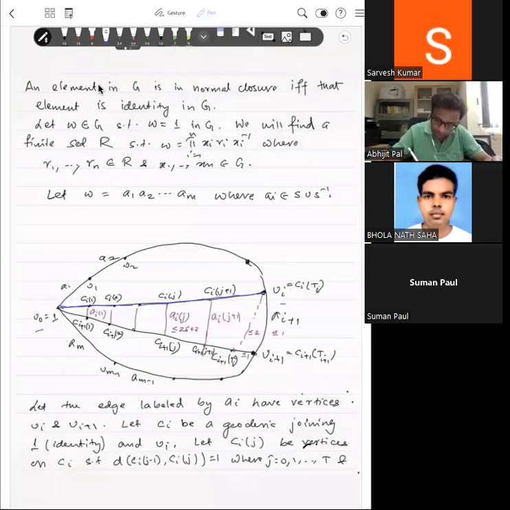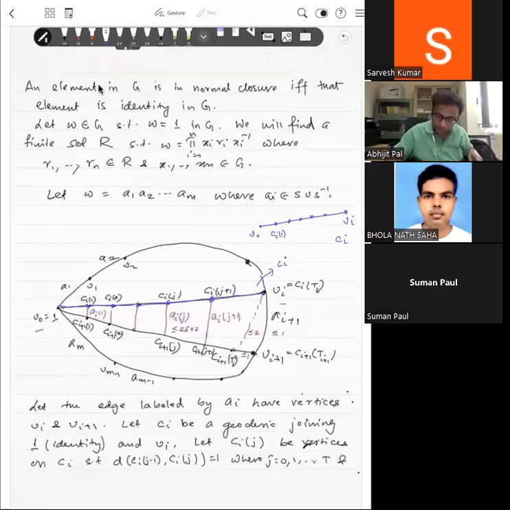Let us call this geodesic Ci. So I connect V0 to Vi by the geodesic Ci, and on it you get vertices. The first vertex I'll call Ci1, the second one is Ci2, like this. These are my vertices, and the same thing you would do for Vi plus 1.